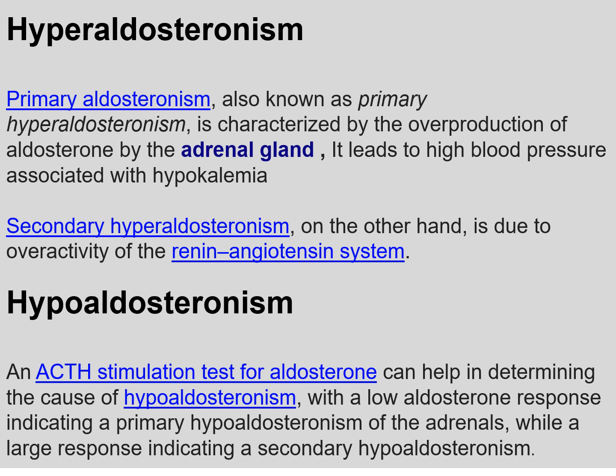But secondary hyperaldosteronism is due to overactivity of the renin-angiotensin system, meaning the renin-angiotensin are causing increased secretion of aldosterone. An ACTH stimulation test for aldosterone can help in determining the cause, as I described.